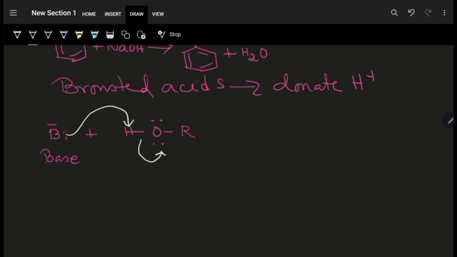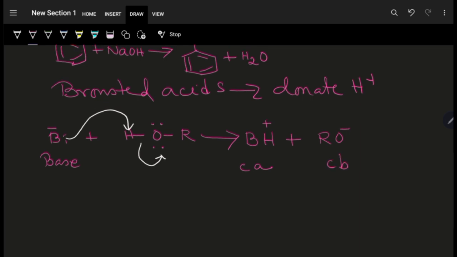Okay, so we can say that the base is abstracting the proton and it forms BH plus. And this actually is your conjugate acid because it is capable of donating the H plus, and it forms RO minus, which is your conjugate base.